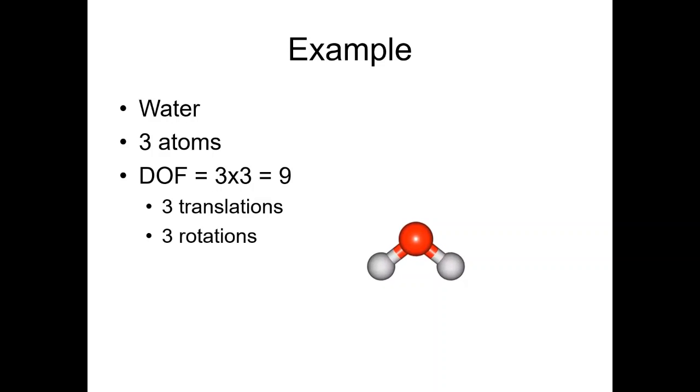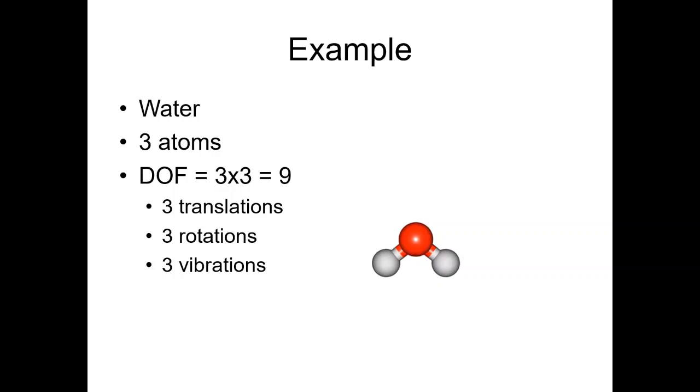Now, there is a kind of light that will cause rotations. Do you remember what that was? So that was the microwave light would cause the rotations. All that's left over are the 3 vibrations. So we're showing one of those vibrations here. This is called the symmetric stretch.